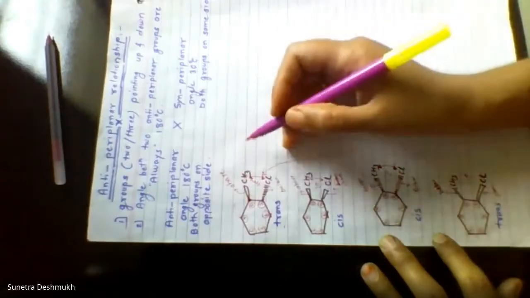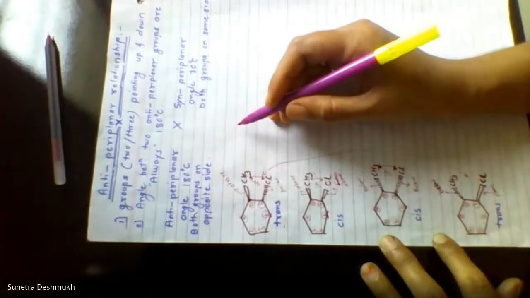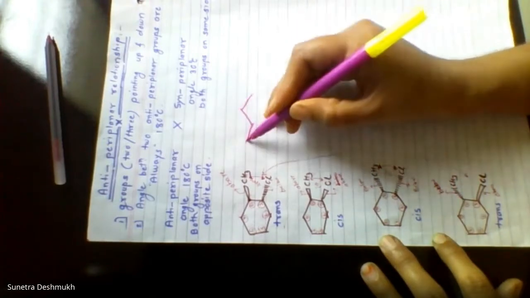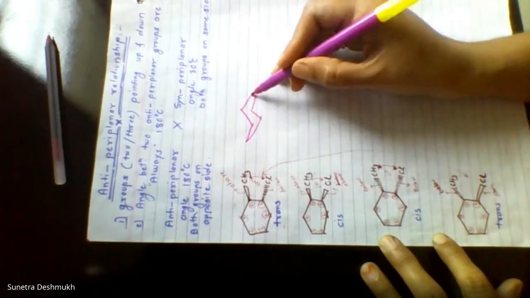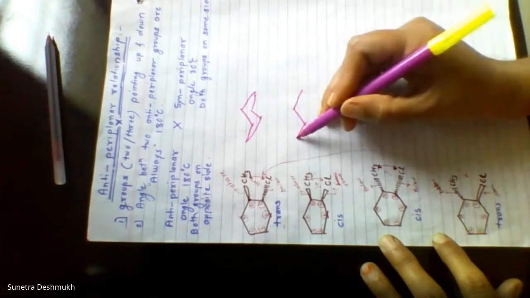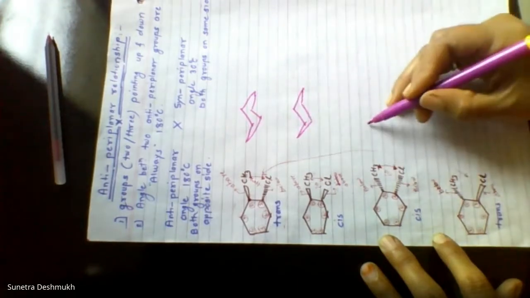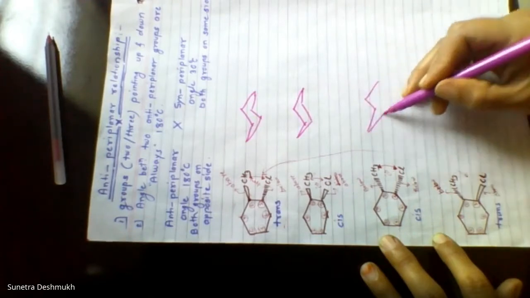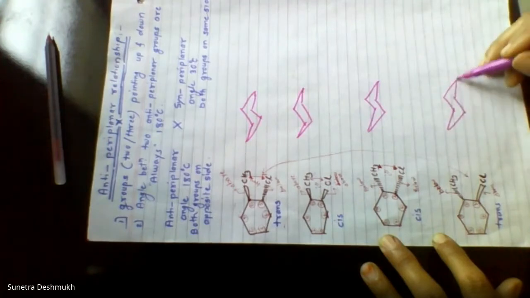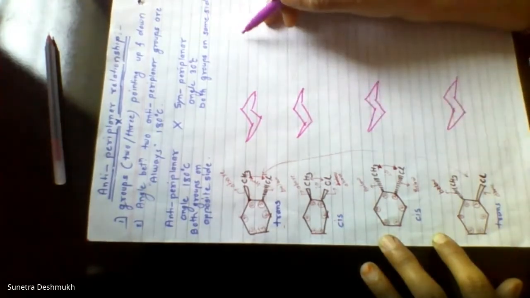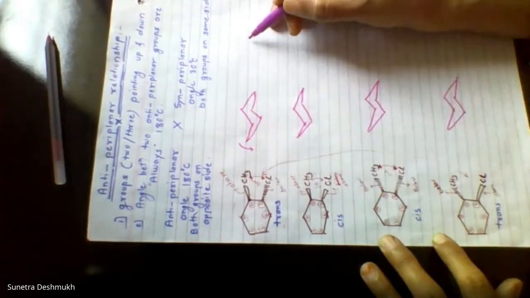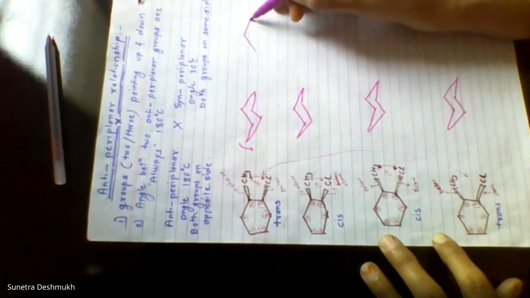So now I will draw the chair conformation, drawing all possible ring flipping. Pull this one down. So I will write now over here like this.